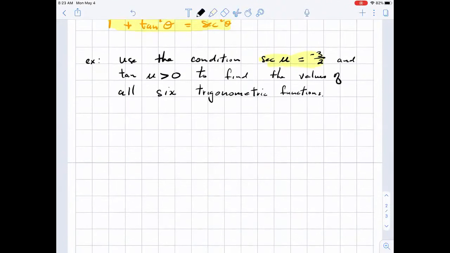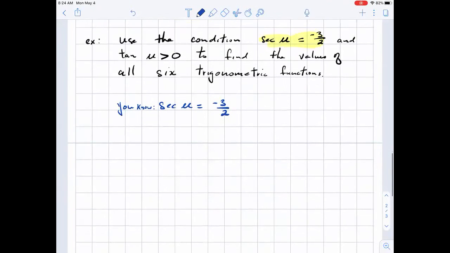Well, if this is given, something else is implied. What is implied? If you know secant of u is minus 3 over 2, what can you get from secant?